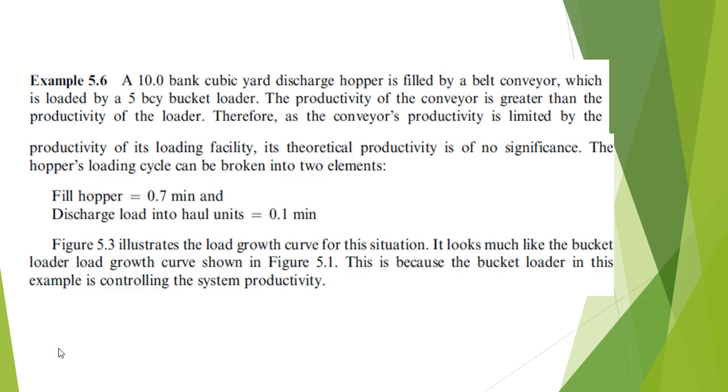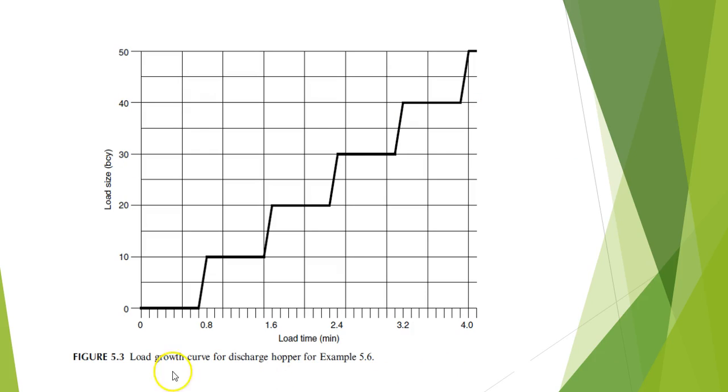And it looks a lot like a bucket loader, and it should, because that loader is the constraint on its getting filled. And when we look at it, we'll see the 0.7 and the 0.1 reflected. Here's the 0.7, then 0.1, 0.7, 0.1. And you can see that curve looks a lot like the loader, because the loader is the real limiting factor there.